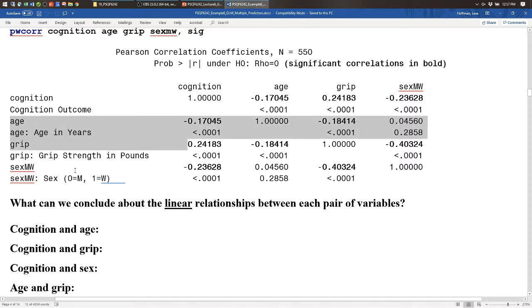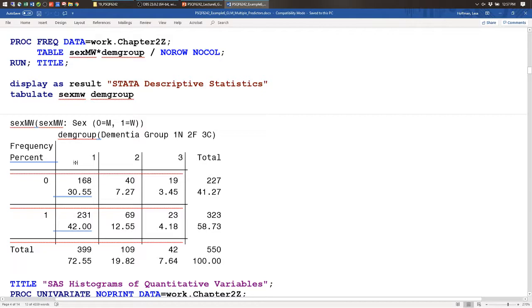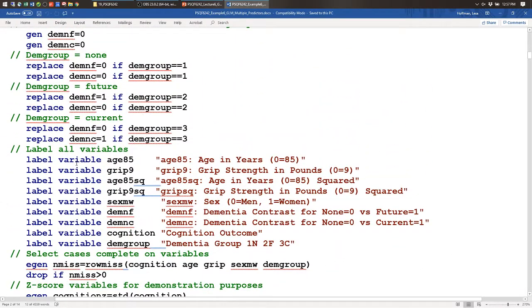I'm not doing it for dementia group because the contrast for dementia group can't stand alone. Let me say this differently. These variables, DEM-NF and DEM-MT, only have the specific interpretation of none versus future and none versus current if they work together.